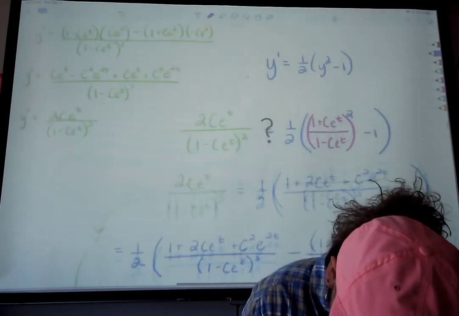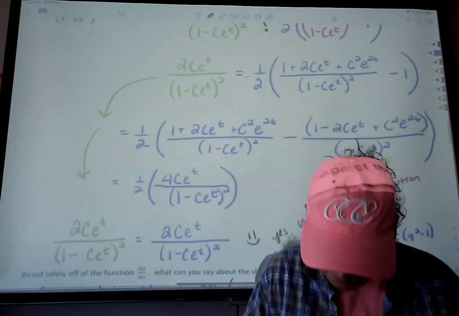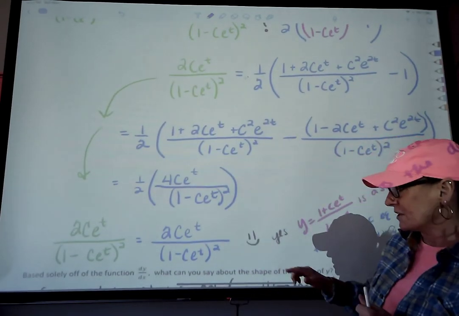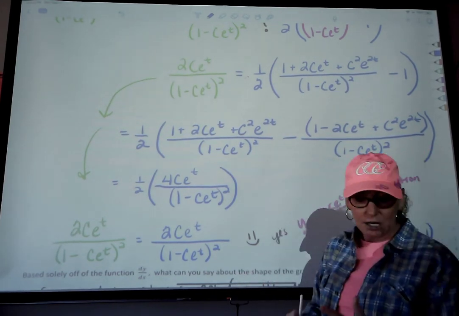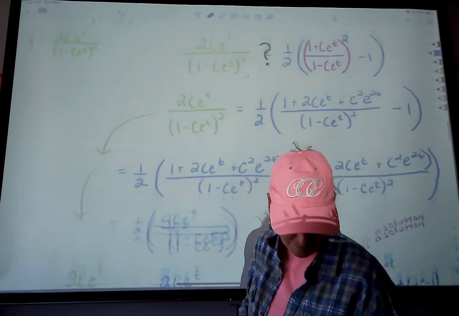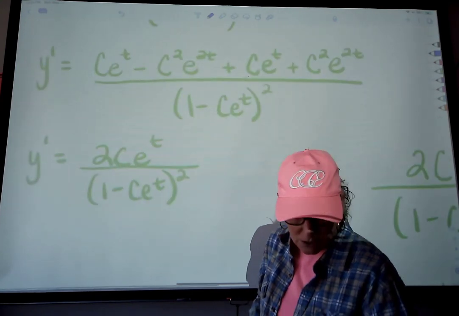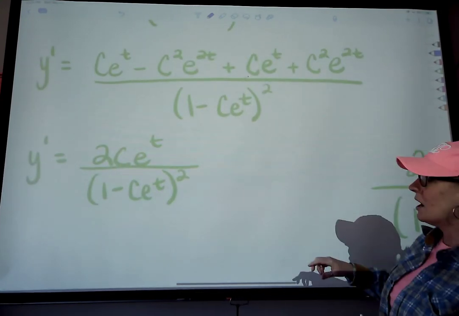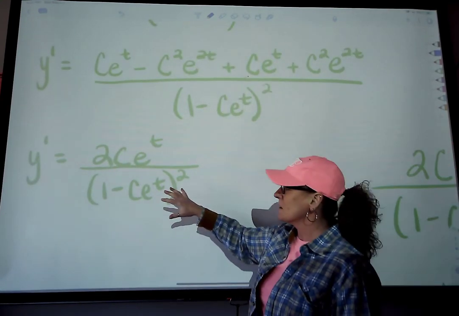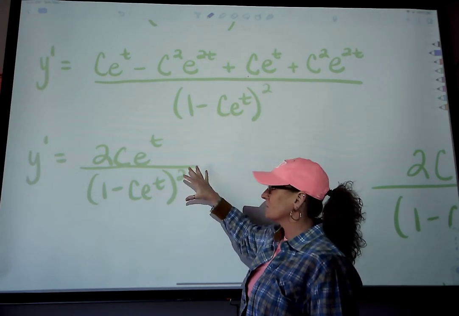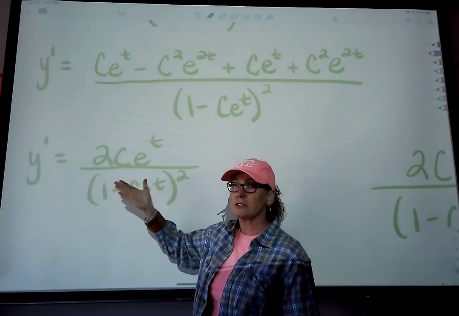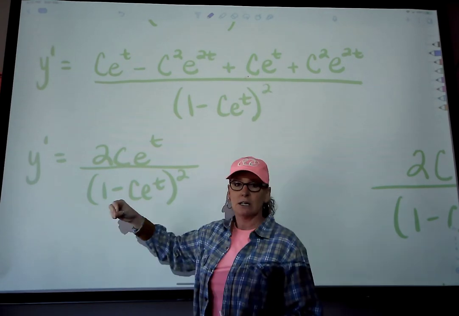Okay, and the last question, kind of the same. Based solely off of the function dy dx, what can you say about the shape of the graph of y? So you can look one of two places. You can look here, where this is a derivative in terms of t.